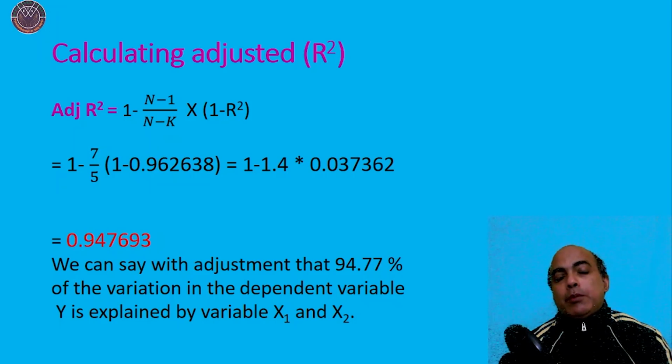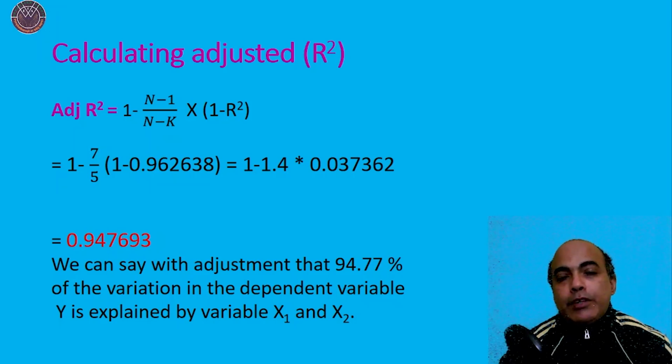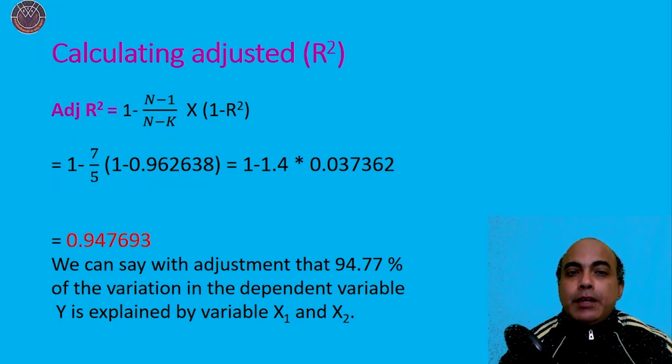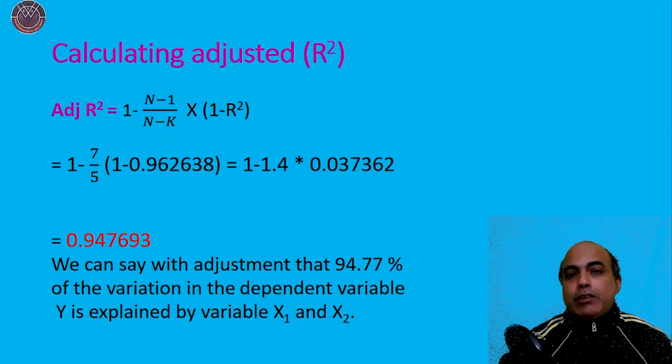Suppose we have multiple independent variables, so by calculating the regression coefficients, we might be very particular to that sample data set, and it cannot be generalized to a population.